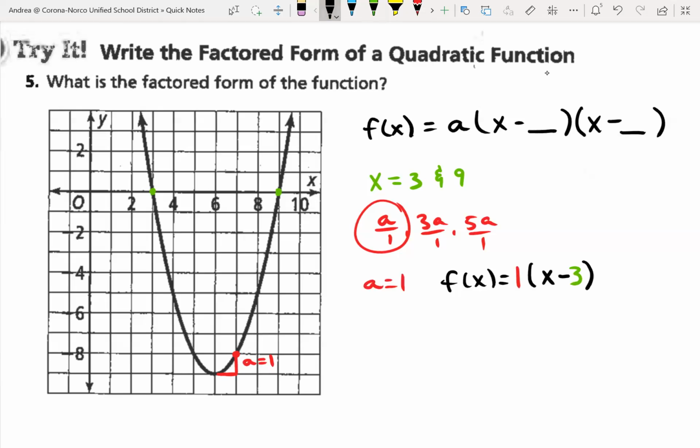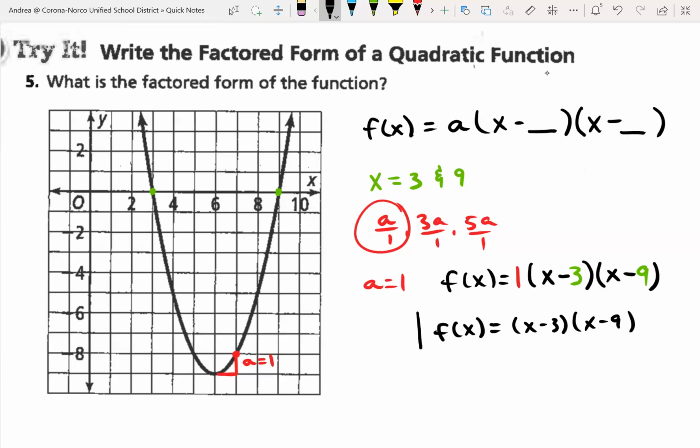It's just going in reverse. Like when I solve, remember I had to add the opposite? So when I plug it back in, I have to change the sign. I do the same thing for 9. That's it. So my equation, I don't really need the 1 there, would just be x minus 3, x minus 9.